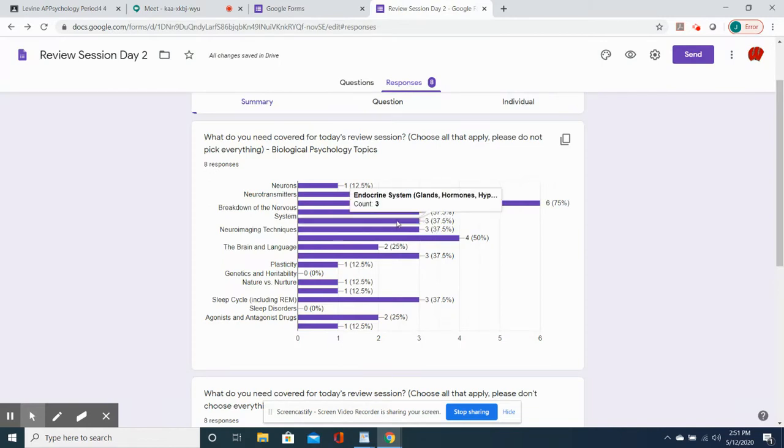What else? Neuroimaging techniques. There's a bunch of neuroimaging techniques. You've got CAT scan, which takes a solid picture of structures within the brain, hard tissue structures, and then you've got an MRI, which deals with soft tissue structures.